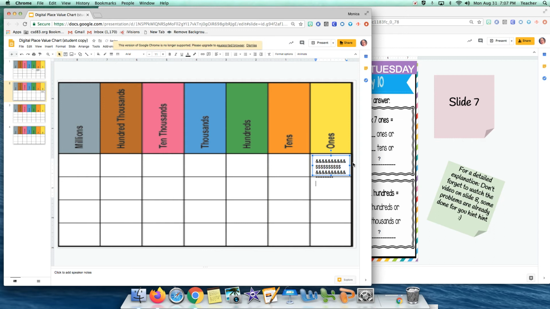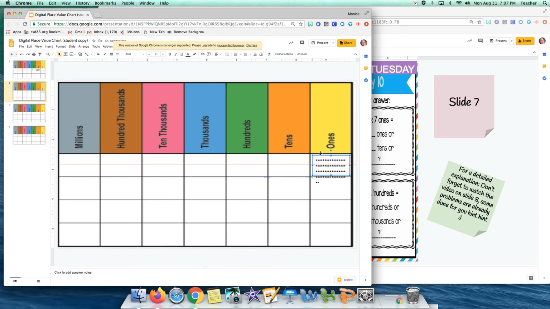Oh, did it again. These are too big. 1, 2, 3, 4, 5, 6, 7, 8, 9, 10. And on to 70. Okay. I've got 70 dots here.